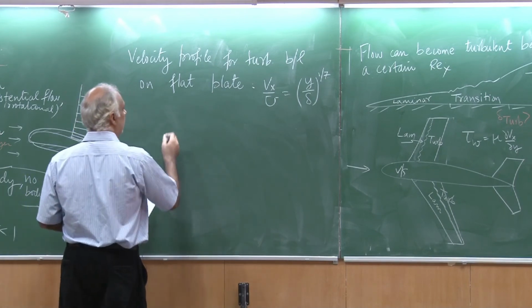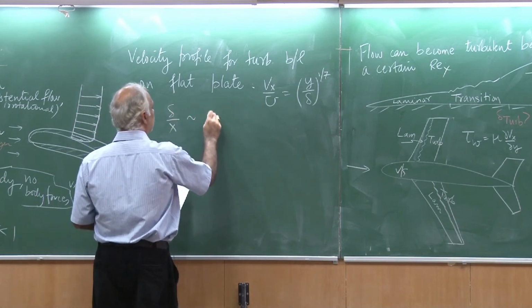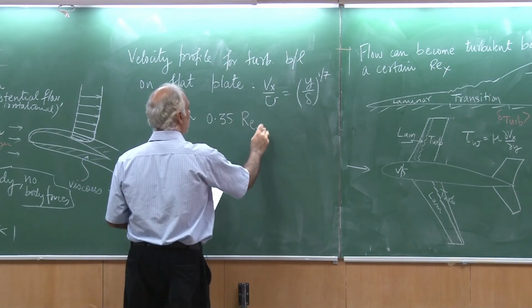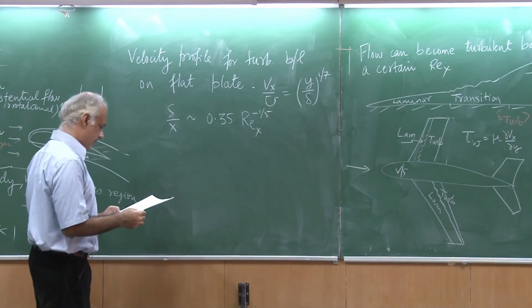Typically, my delta by x would vary as 0.35 Reynolds number of x raised to minus 1 by 5.